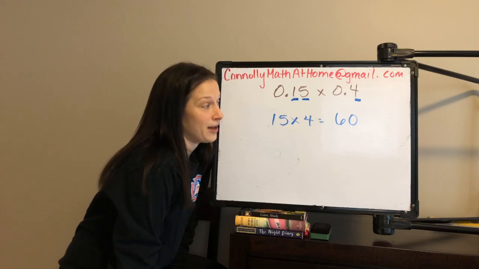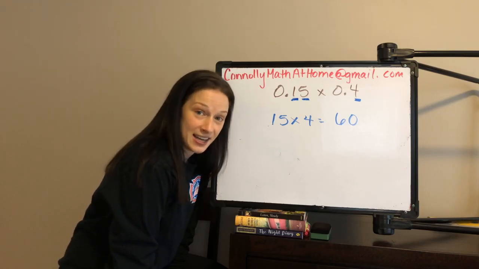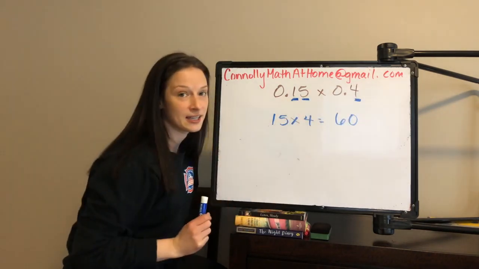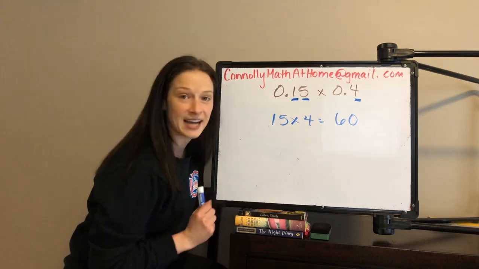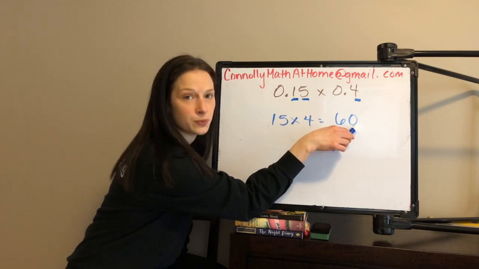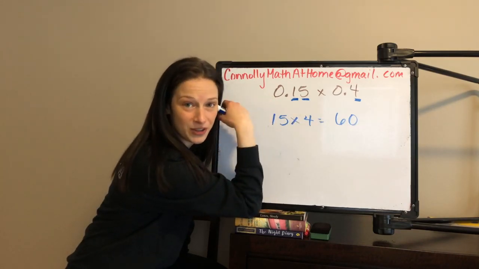Oh boy, well, we've got a situation because I need 1, 2, 3 digits to the right of my decimal, and I have 1, 2.